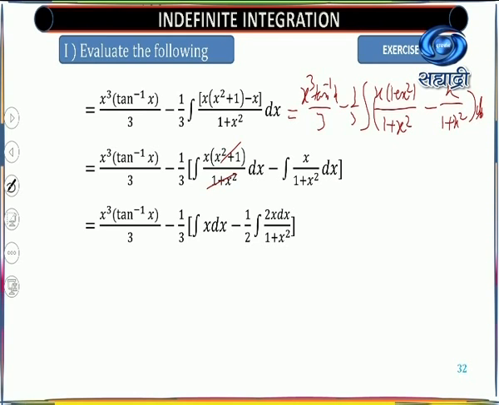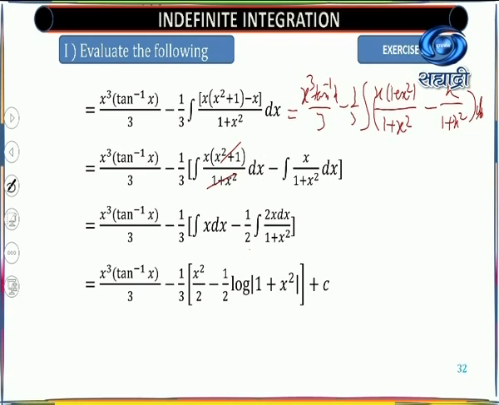Now we need an adjustment because what is the derivative of the denominator? The derivative of the denominator is 2x. We are having only x. We want a constant, and so many times I told you constants are adjustable. So here you will get half into 2x dx upon 1 plus x square. So immediately you are able to integrate it.